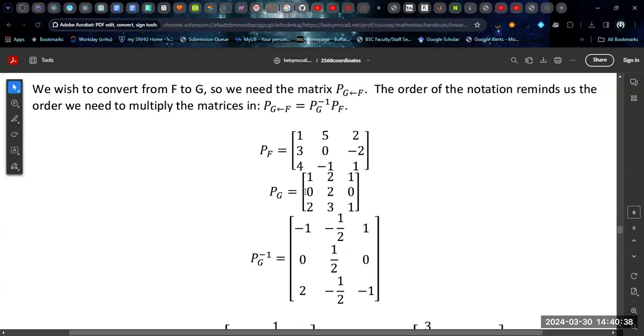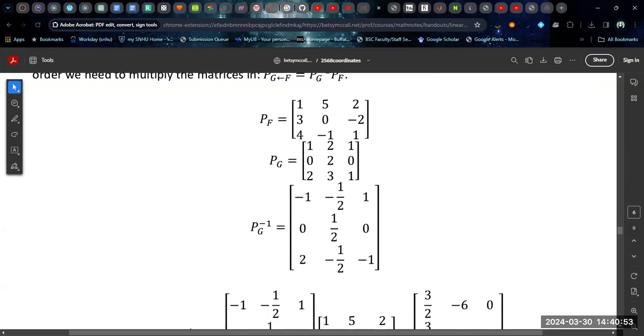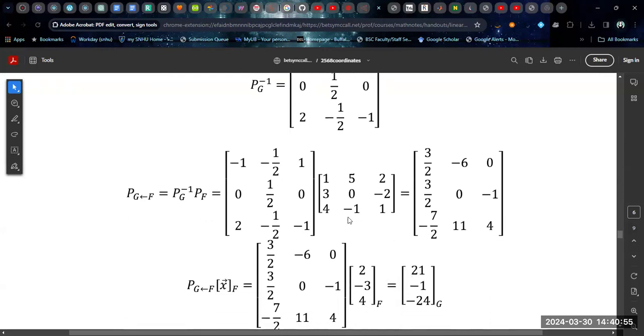So I use, again, my technology in order to do that inverse. And I got this result for my inverse. And then going from F to G, that matrix is PG inverse times PF.